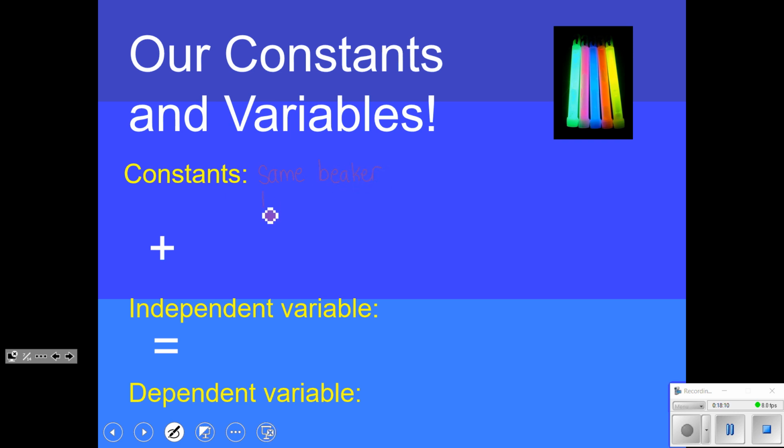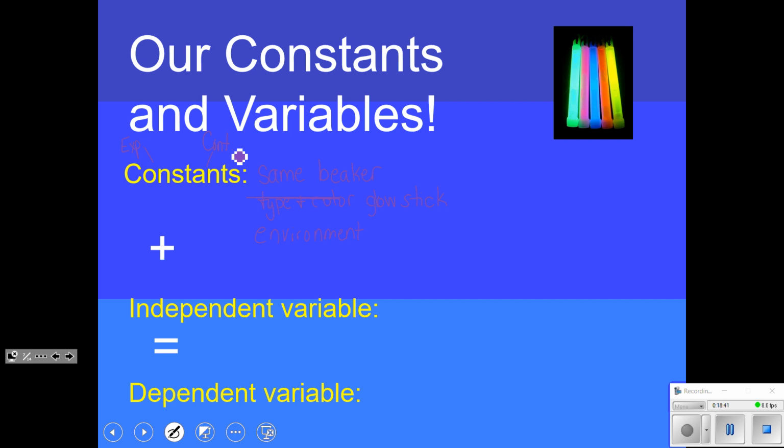We have the same type and color of glow stick. We have the same environment. So we're looking at what's the same, or constants, between our experimental setup and our control.